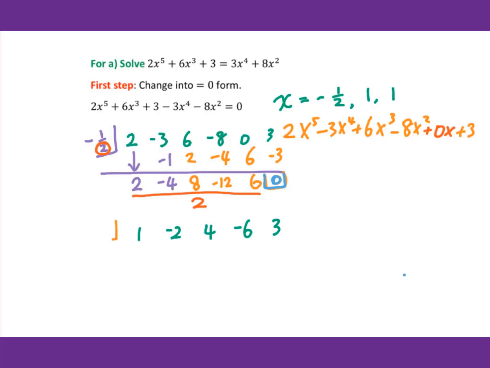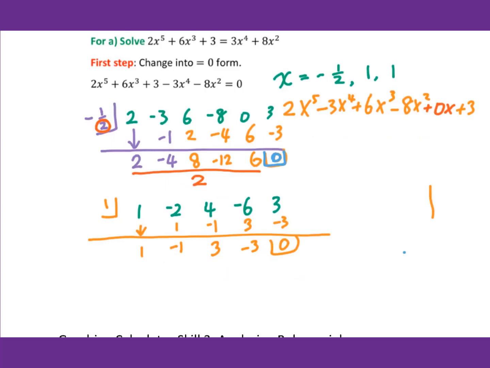Then we got to do 1, 1, 1, negative 1, negative 1, 3, 3, negative 3, negative 3, we got 0 again. Since for this x-intercept 1 has a multiplicity of 2, therefore we have to do 1 again.